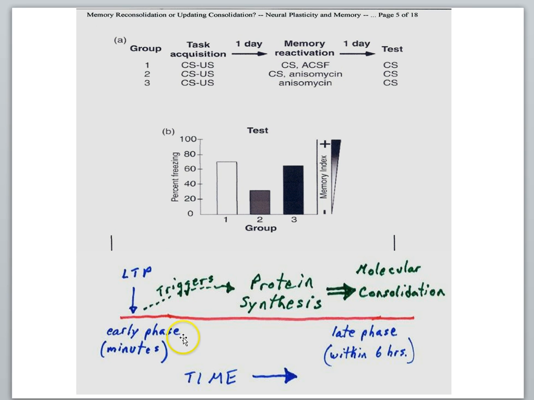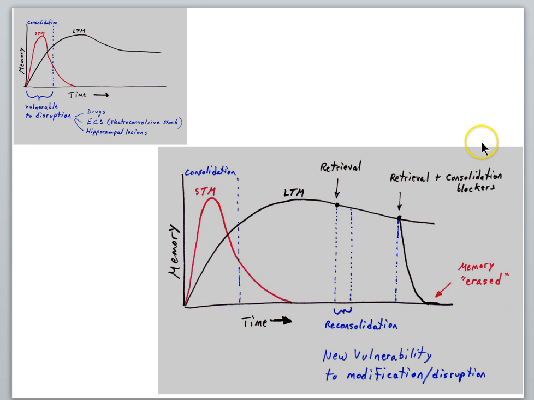You'll recall that LTP has the early phase, and that's going to trigger the cell to make proteins, and then you get molecular consolidation. So by giving a protein synthesis inhibitor here, they're blocking this process of reconsolidation. So an activated memory becomes vulnerable to modification. It has to be reconsolidated to be retained.